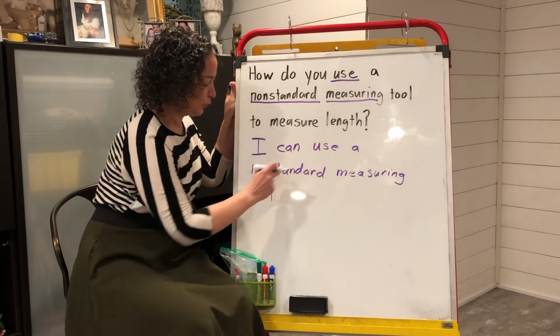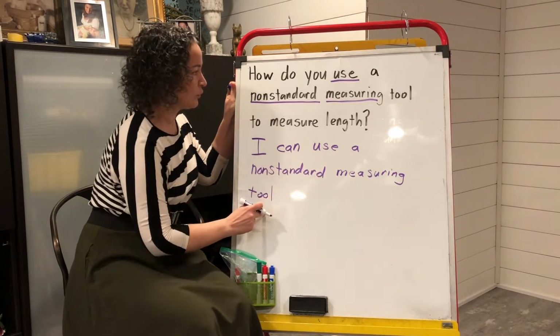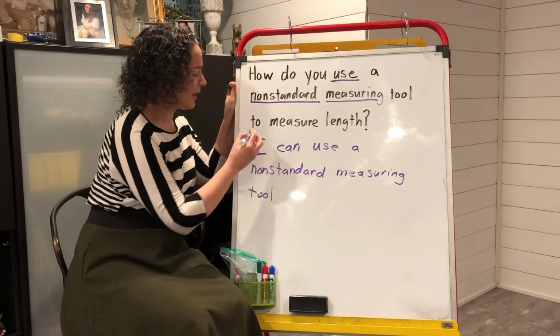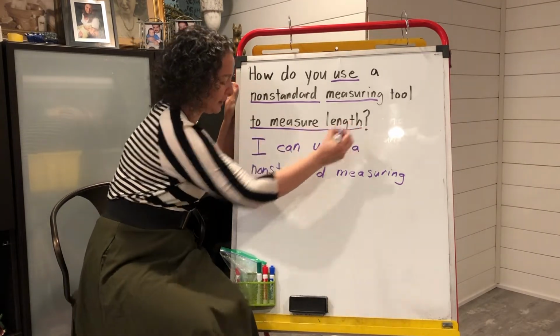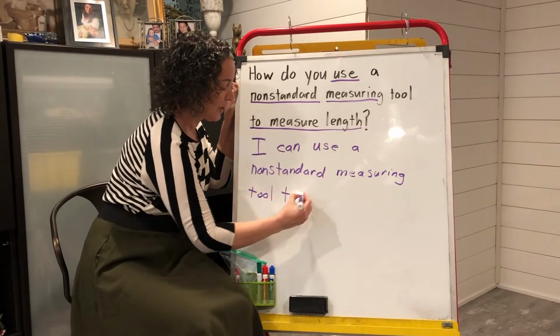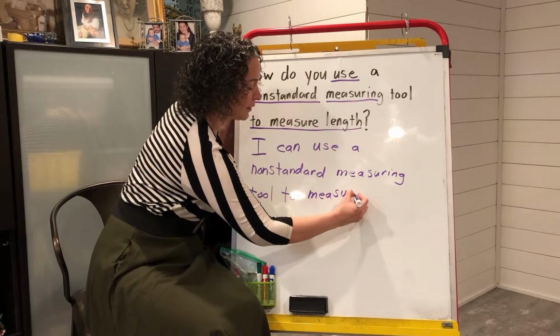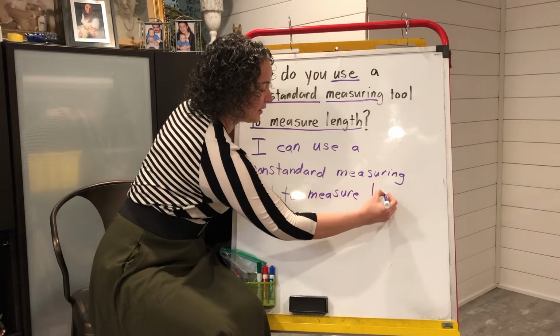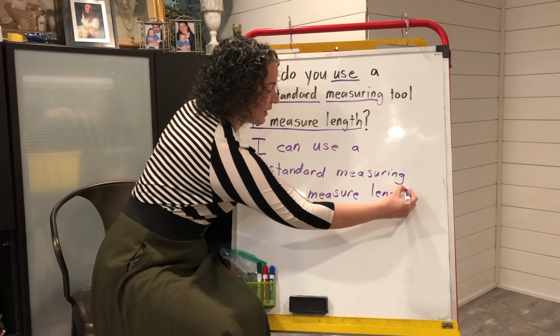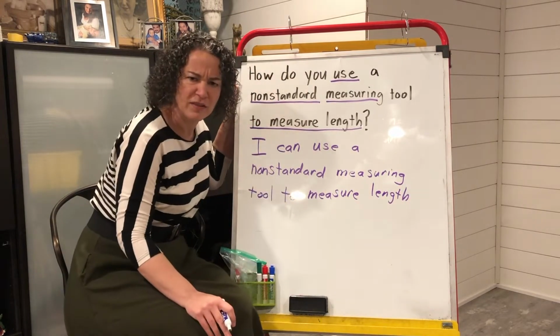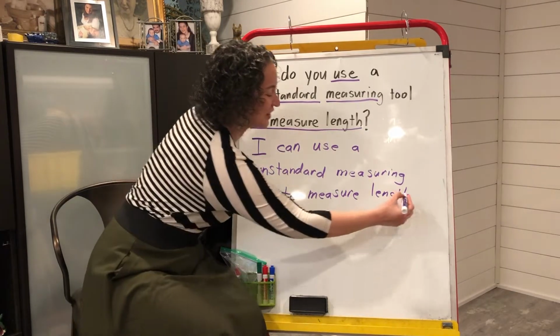I can use a non-standard measuring tool to do what? You got it, it's right up here. To measure length. To measure, M-E-A-S-U-R-E, length. L-E-N-G-T-H. And what goes at the end of my statement? Correct, we need a period.